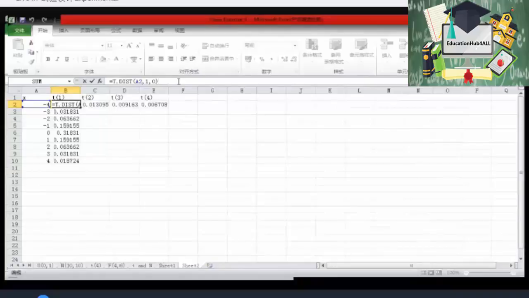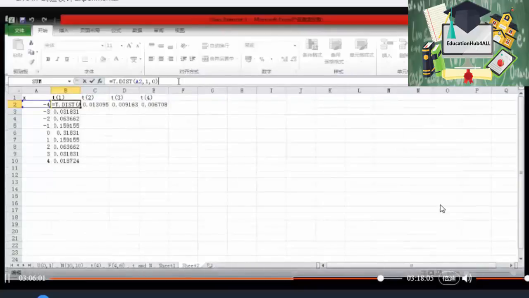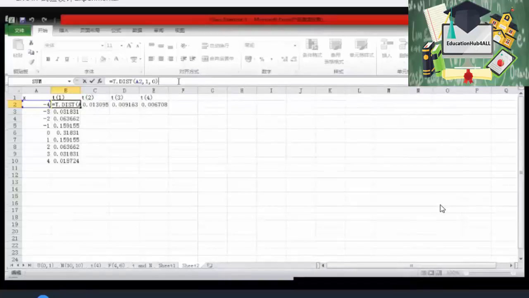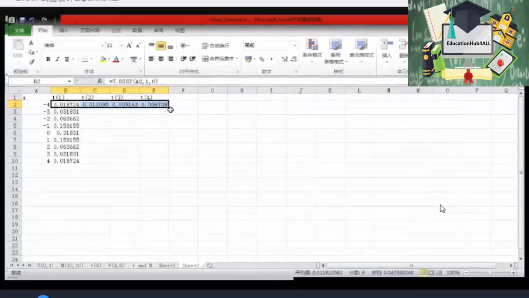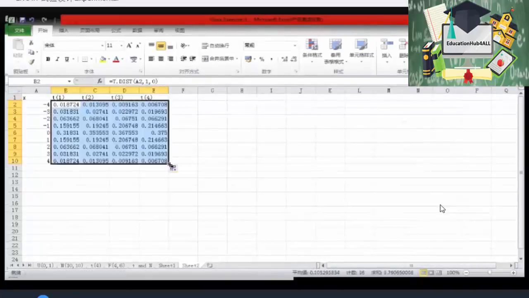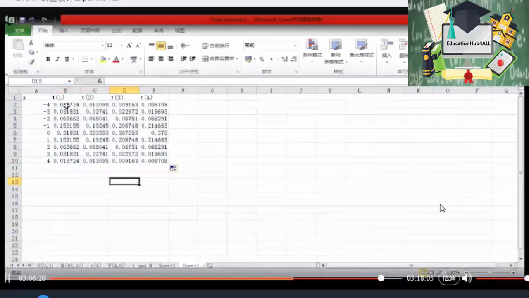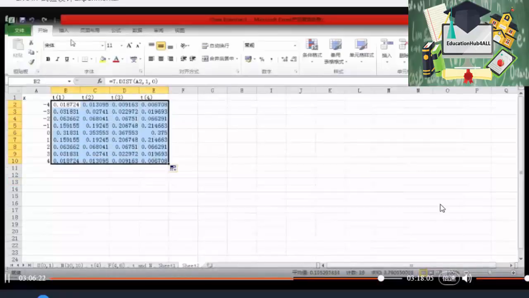So there's no hard formula. You just type some letters, type some numbers. Yeah, use your hand. You just make one, and then you select everything. You drag it down. You have everything, and you select all of them.